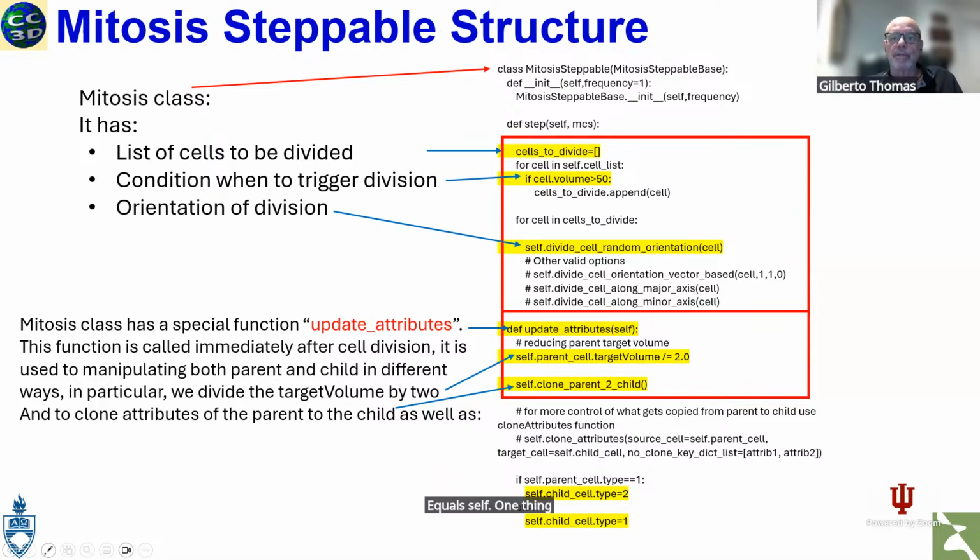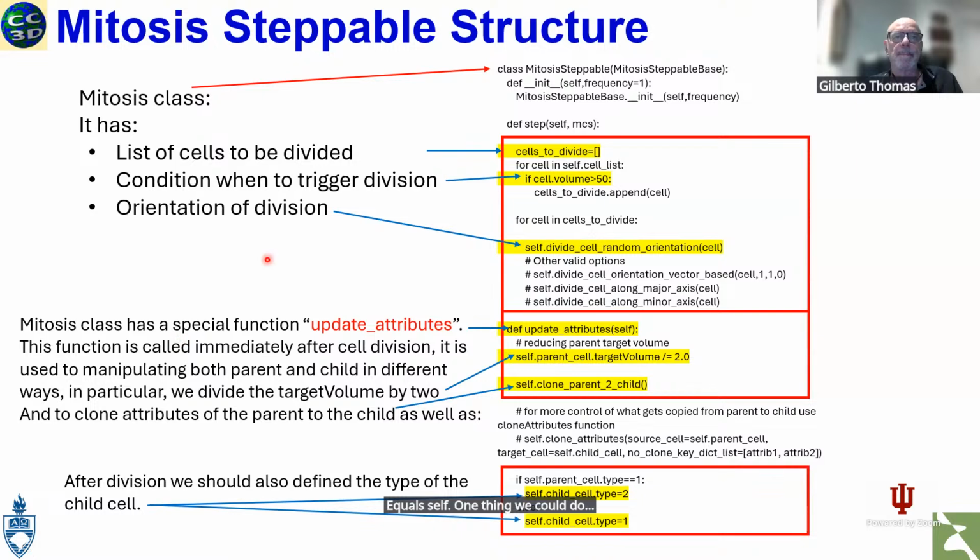One thing we could do, if we start the simulation with two kinds of cells, we can choose how the types of the resultant cells will be. For example, in this frame here, I have two cell types in the simulation. If self.parent cell type equals 1, then the child will be type 2, will change type.